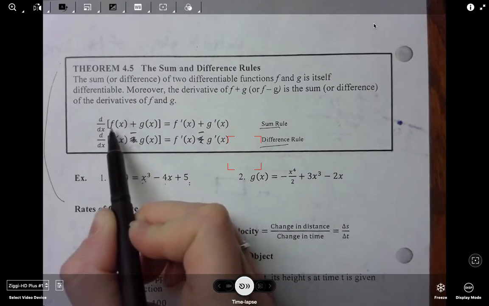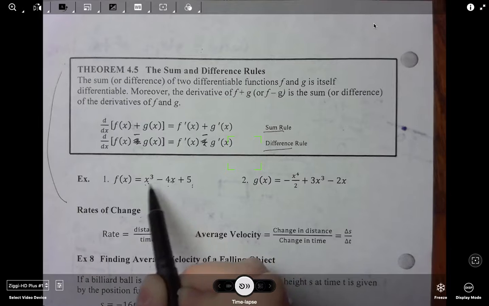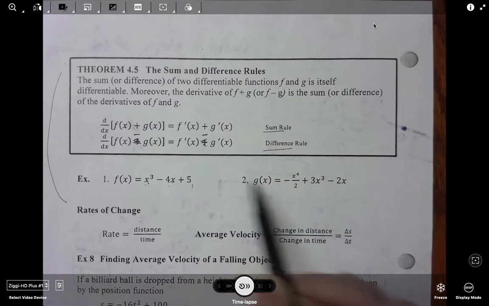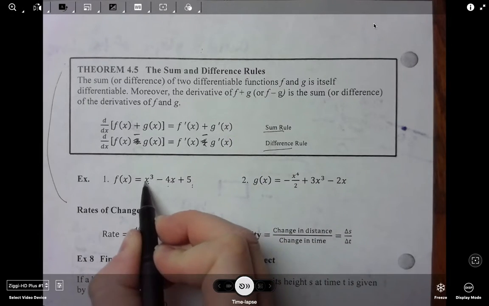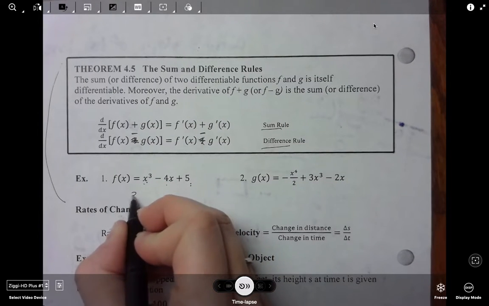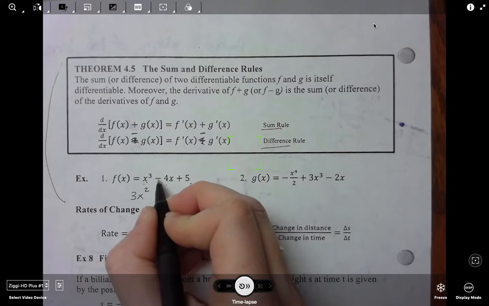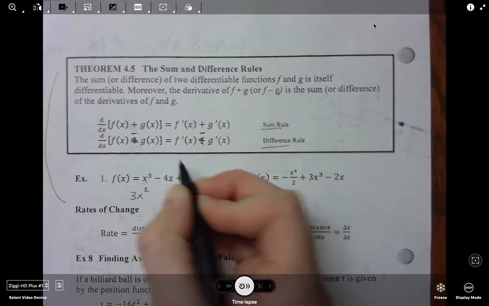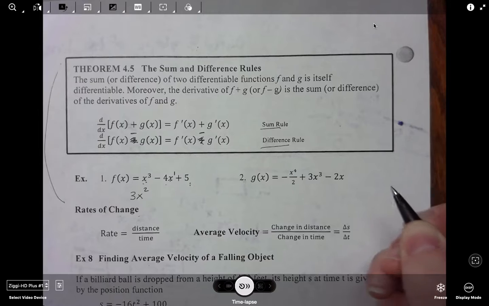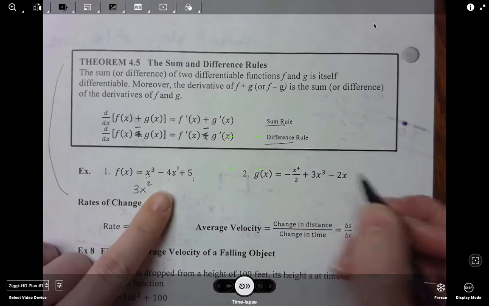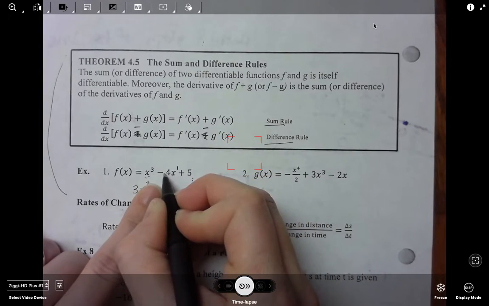It's like, if this is f of x and this is g of x, I just take the derivative of each piece individually. So the derivative of x to the third power, I drop the 3 down in front and subtract 1 from the exponent. Now the derivative of negative 4x, this is like x to the first power. I drop the 1 down in front.